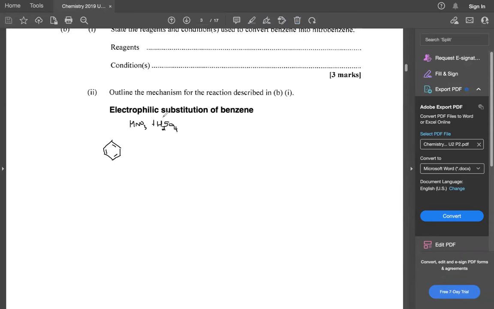So I think it's a good idea to just write this first step, the generation of the electrophile, for completeness, right? So what we're going to do is combine the nitric acid with the sulfuric acid, and we're going to end up getting NO2+ plus 2HSO4- plus a hydroxonium ion, so that's H3O+, right?